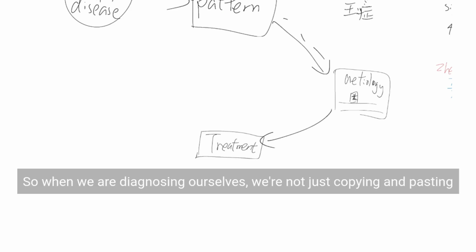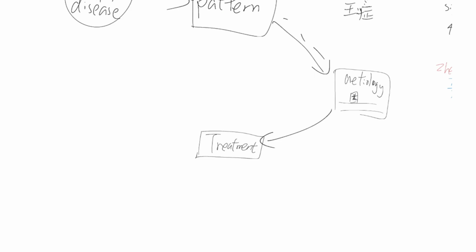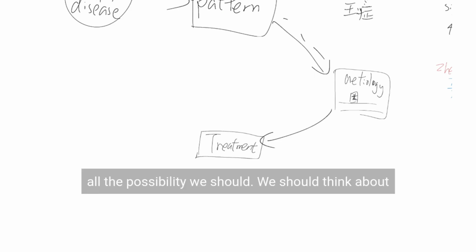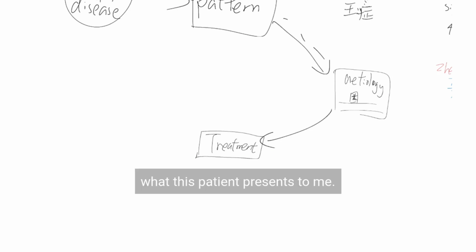So when we are diagnosing ourselves, we're not just copying and pasting what the classical text says. That's not what we should do. We should consider all the possibilities. We should think about what this patient presents to me.